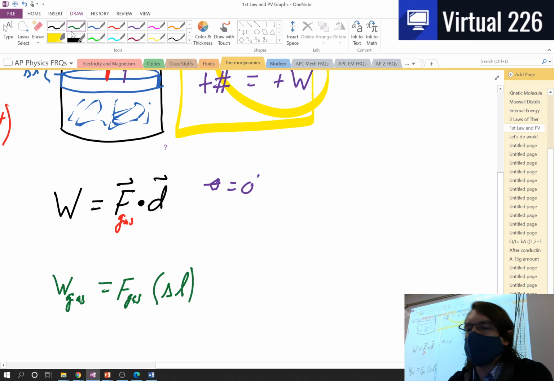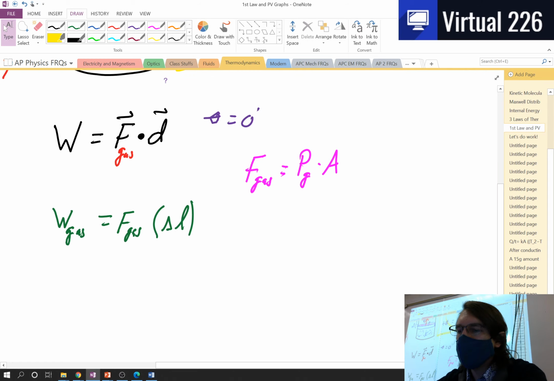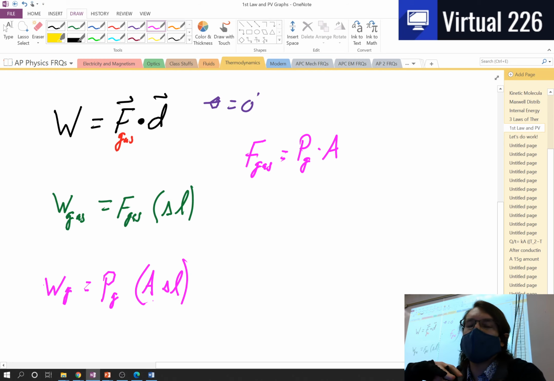Well, why does this matter at all? And why did we choose a delta L? Well, we know that this force done by the gas, we can equate this to the pressure of the gas multiplied by the cross-sectional area of that lid. And what this means is when we say that this work done by the gas is equal to the pressure of the gas multiplied by the cross-sectional area and delta L, we knew from our study of fluids that a cross-sectional area multiplied by some length is a volume.